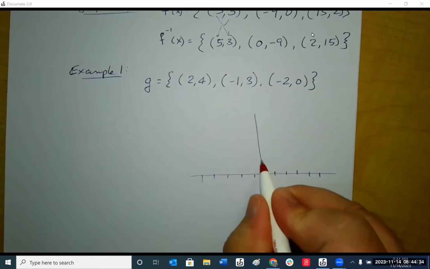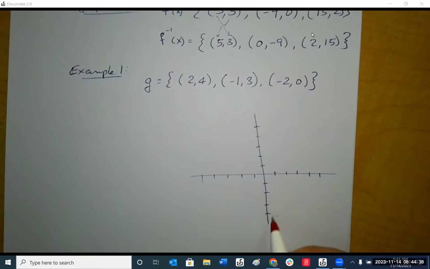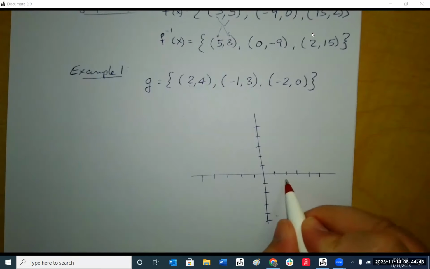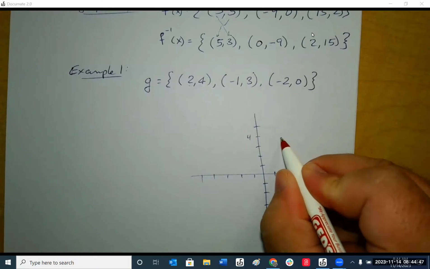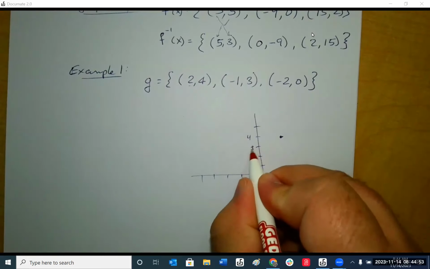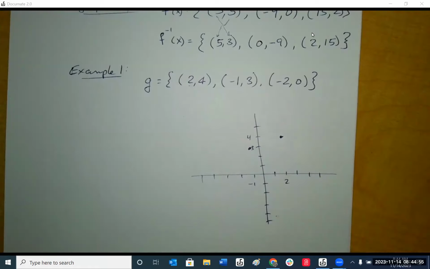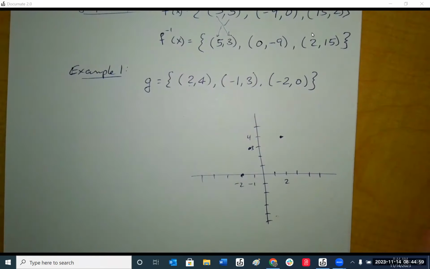Five by 5. So the first point is at 2, 4. -1, 3. -2, 0.